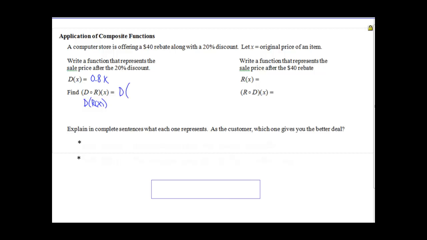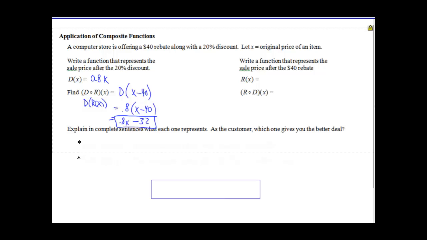The r is going to be the rate off, so we're going to take off the $40 first. By taking the $40 off first, we have 80% of our money. This will be x minus 40. So our answer is 0.8x minus 32. So 80% of our money minus the $32.